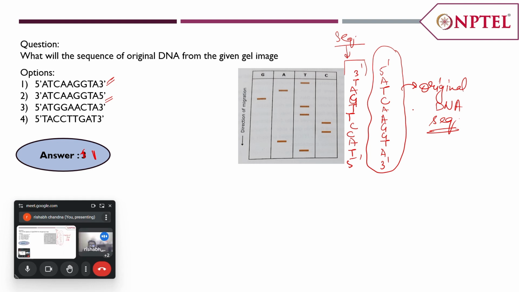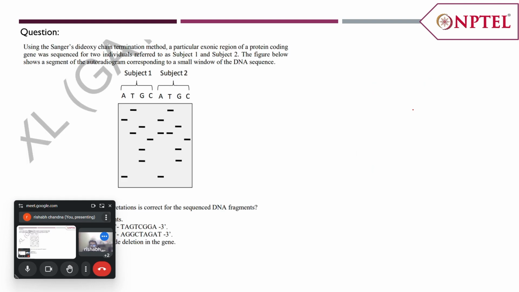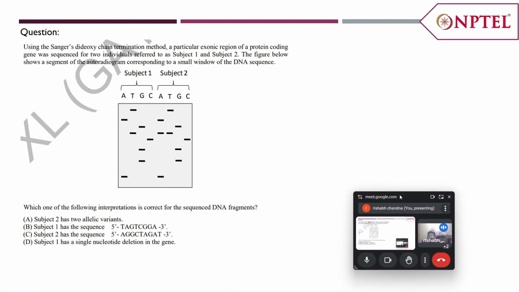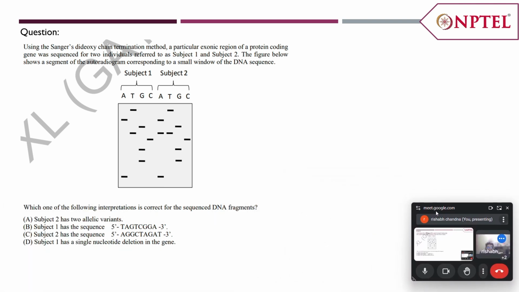Okay. So let's move on to the next sequencing method, that is the Maxam Gilbert method. Oh, sorry, there is one more question. So that is related to the, so using Sanger's dideoxy chain termination method, a particular exonic region of a protein coding gene was sequenced for two individuals referred to as subject 1 and subject 2.